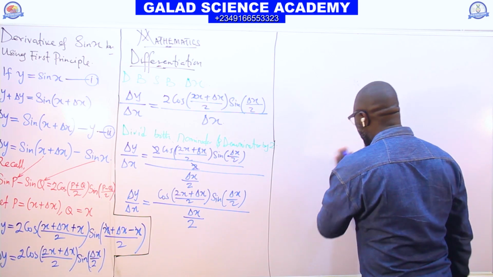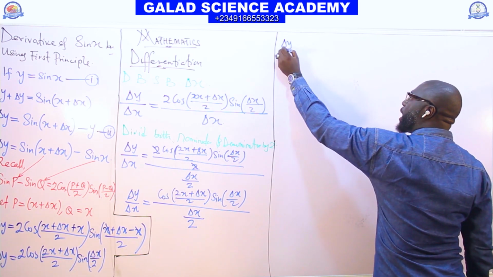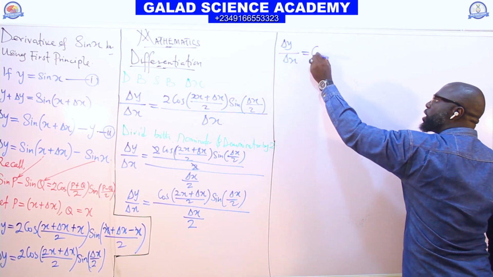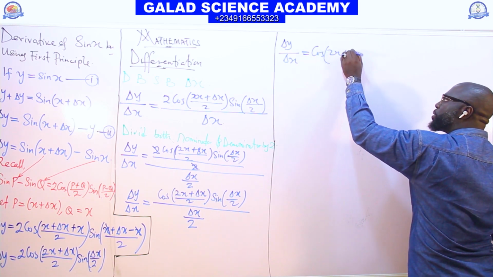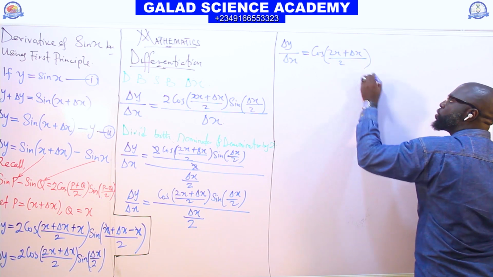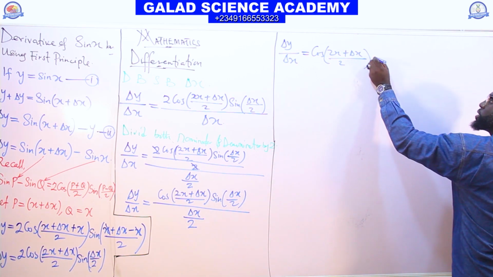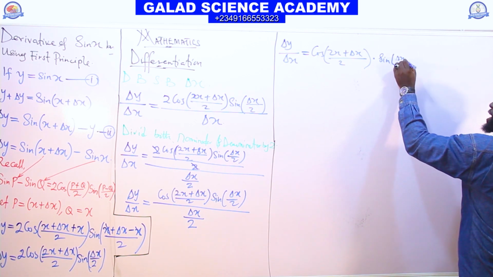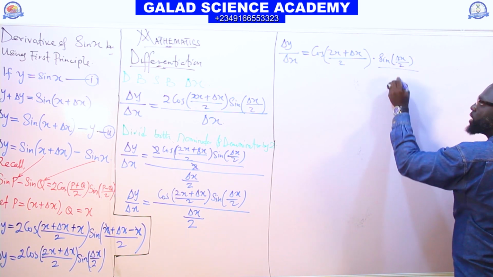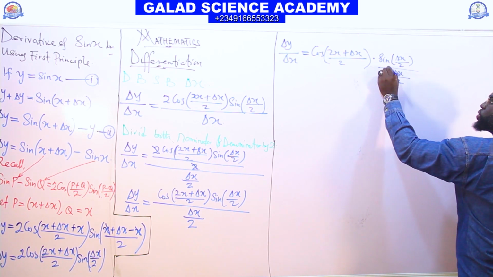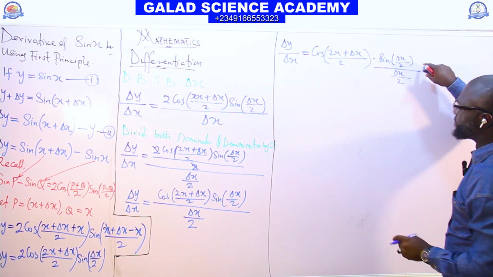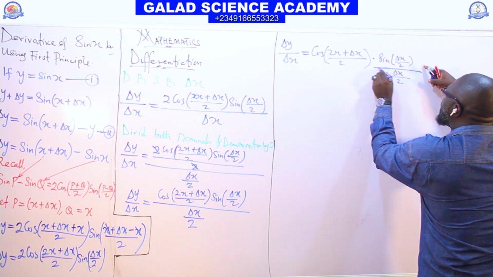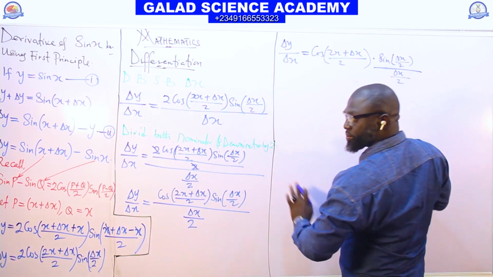By rewriting the expression, we have change in y over change in x equal to, it's the same thing as cos 2x plus change in x over 2, dot, sine angle of change in x over 2 over change in x over 2. Do you agree with me that this statement is the same thing as this? I just take this out and I put under this alone. Do you agree that this statement is the same thing as this one?